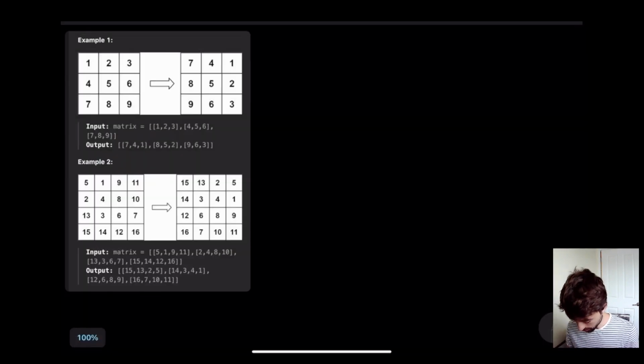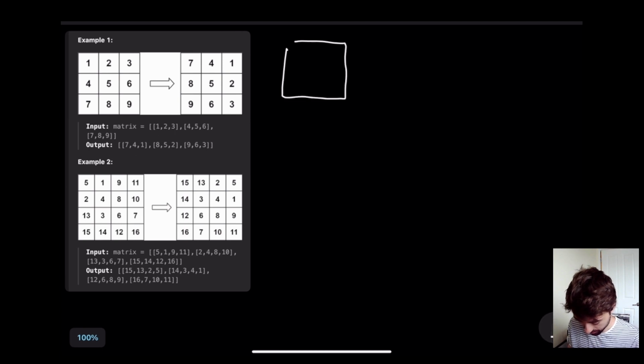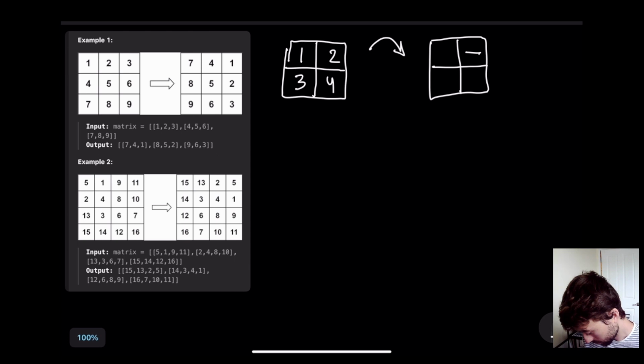Right, so let me show a smaller example first so that we can visualize what this rotation is actually like. So I like to think of it as like a die, like a square that you can roll, just because that makes more sense in my head. But what we're doing here is rotating this 90 degrees so that we end up with 1, 2, 3, 4.